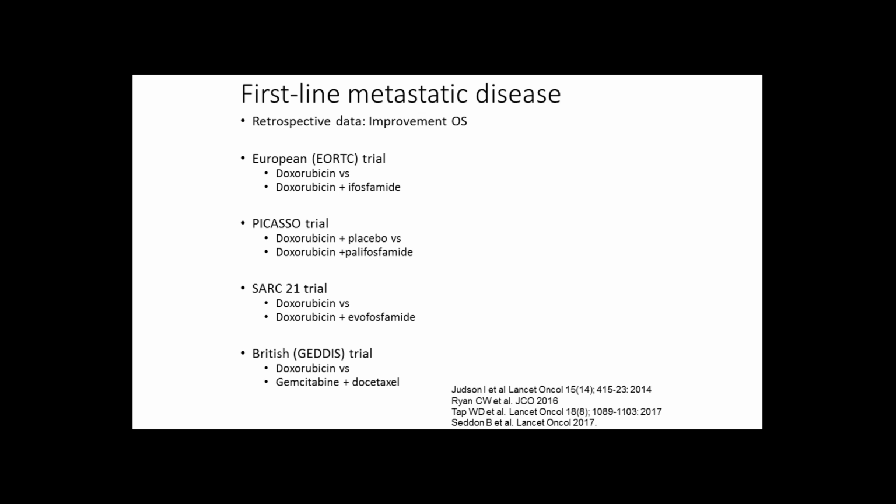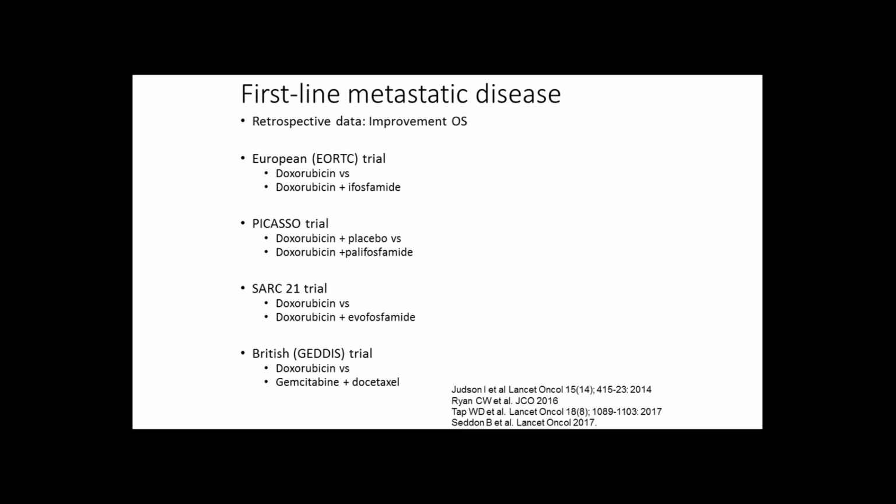And this trial showed no difference in overall survival between the 2 arms of the trial, but the combination of doxorubicin and ifosfamide resulted in significantly longer progression-free survival and a significantly higher response rate.